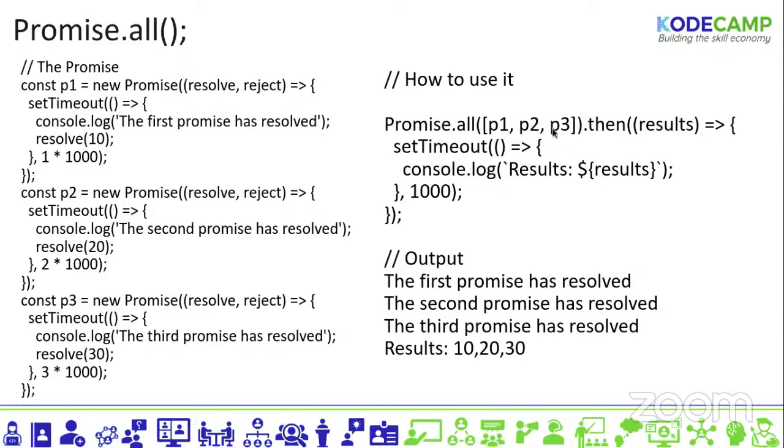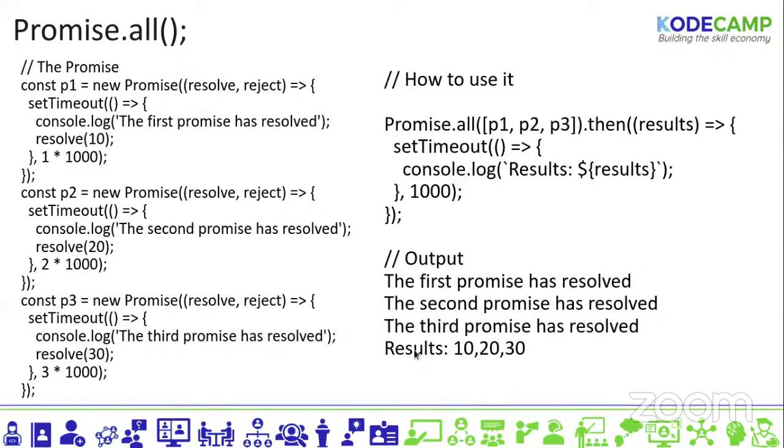If all 3 promises run and return a result, we can handle that result using the dot then, passing it into a function that I name results, to console log out the 10, 20, and 30.